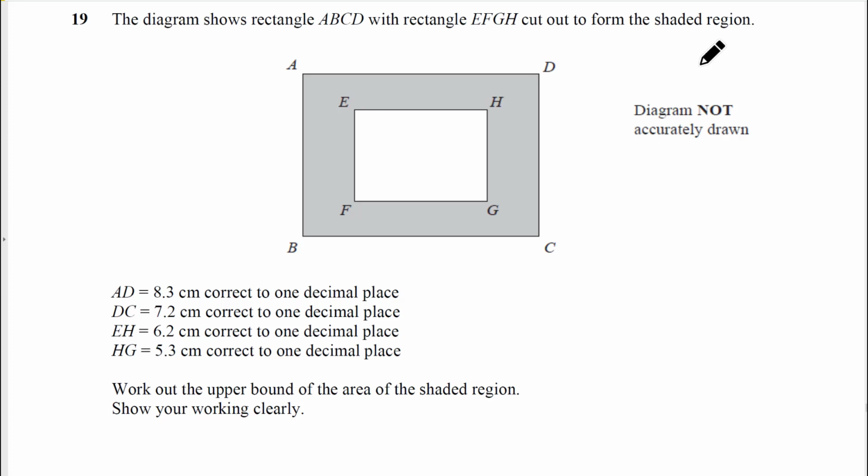you can see that getting this question will make you hit that 9. This is bounds, and you're very good at bounds. Work out the upper bound of the shaded region. Right. The upper bound of the shaded region is going to be the upper bound of this whole area, A, B, C, D. Let's write that down.